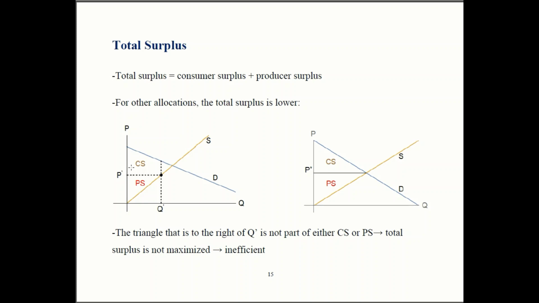Some of those extra units of production are no longer worthwhile for them to produce. So consumers don't get the benefits of these last units over here. Producer surplus also gets squeezed. This triangle over here in the middle is now not part of anyone's surplus because some trades are not taking place. Those trades over here in this triangle would benefit both sides.